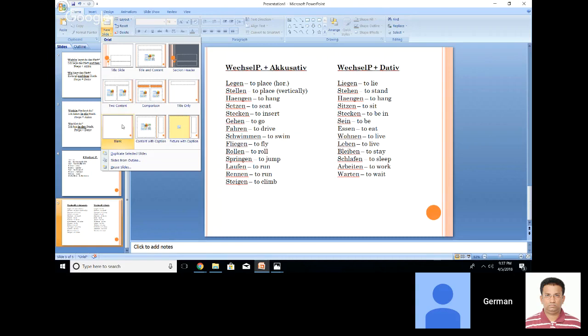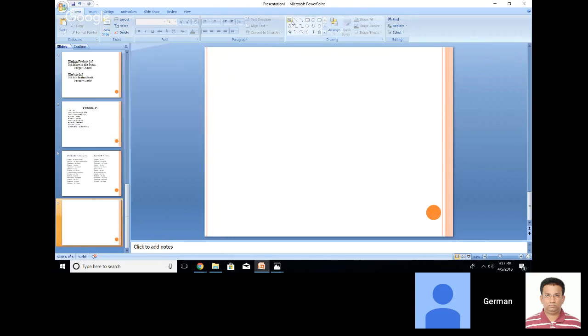So let's look at some examples with all the Wechsel prepositions. Let's start with in, which means in in English as well. For accusative, the question would be: Wohin stellt er den Fernseher?